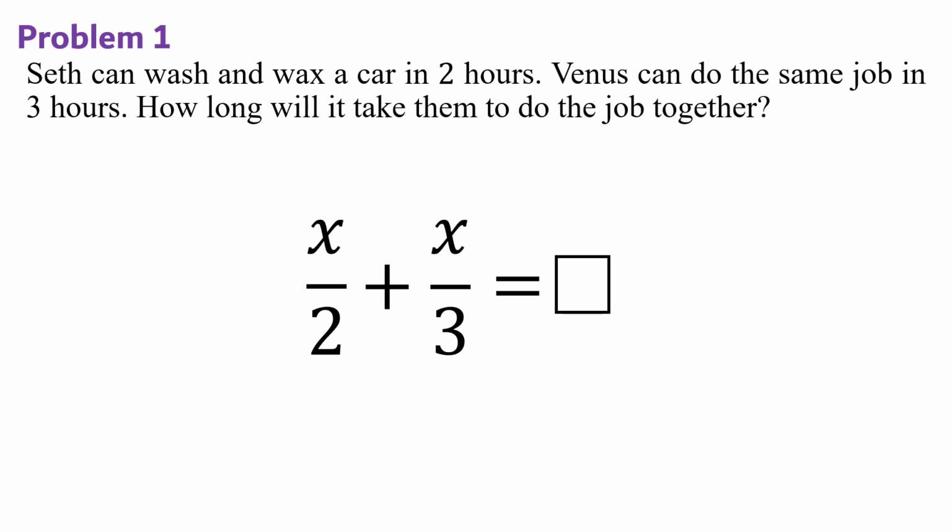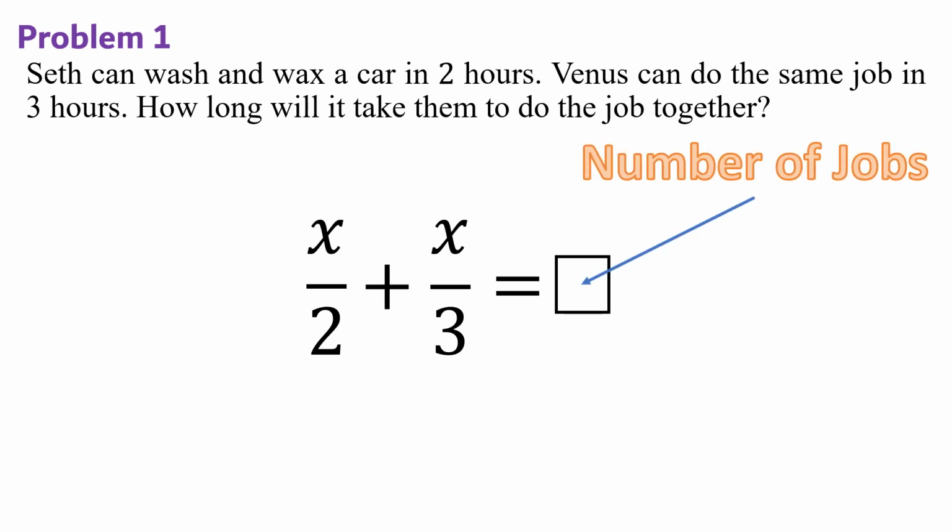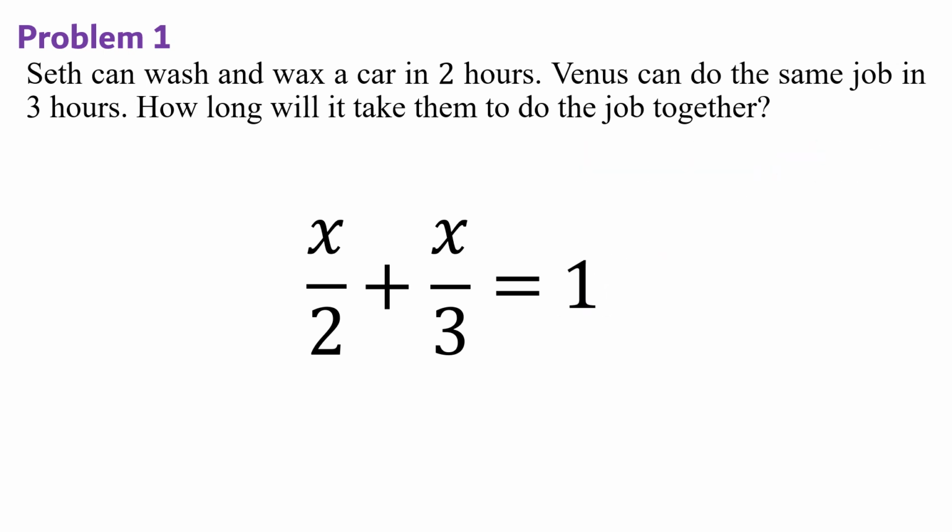And then these fractions are equated with the number of jobs. So it's only one job, which is washing and waxing the car, which is equivalent to 1.